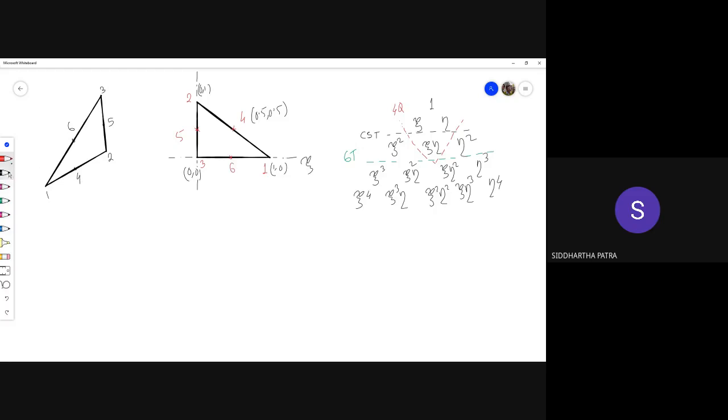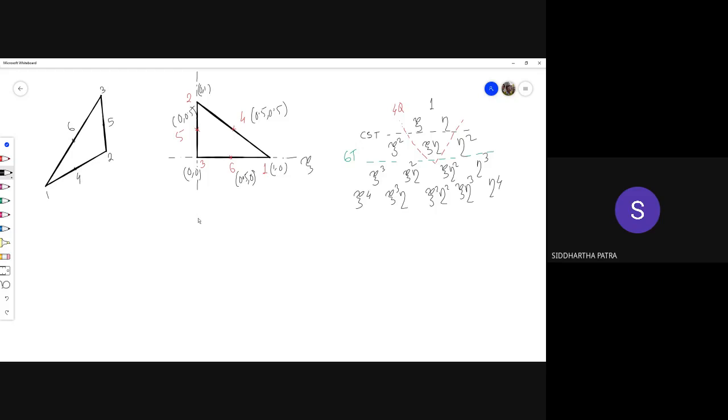Can you tell me what is the coordinate of node number 5 in natural coordinates? 0.5, 0.5. And what about 6? 0, 0.5, right? Okay.